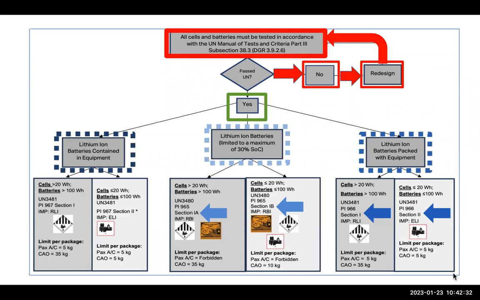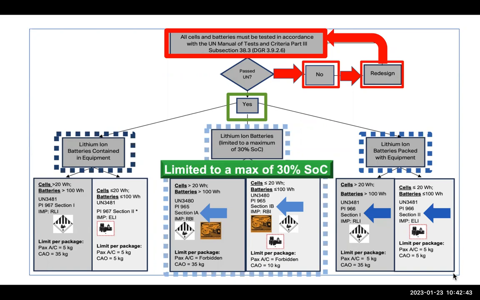Okay. So when it comes to lithium-ion batteries, whether shipped under section 1B or 1A, we need to observe the state of charge. We can only ship lithium-ion batteries with a maximum of 30% state of charge of the rated capacity.